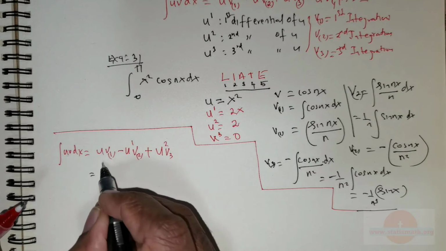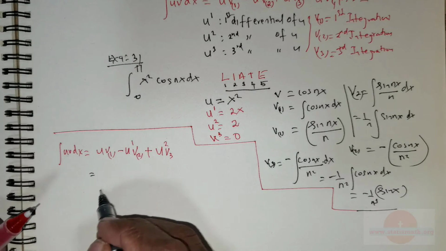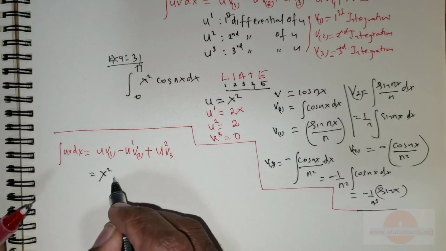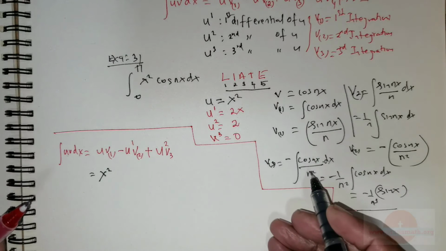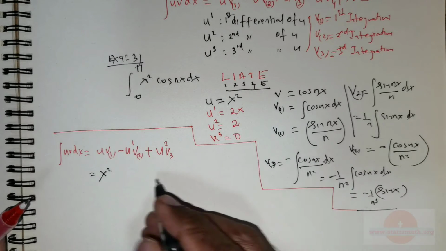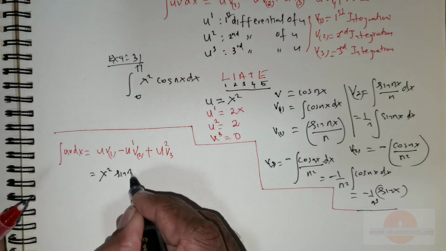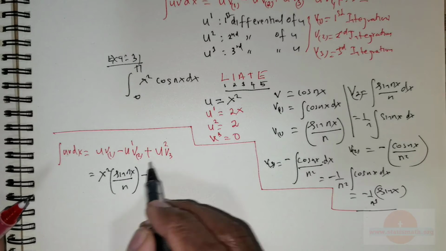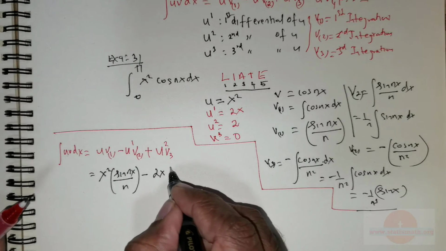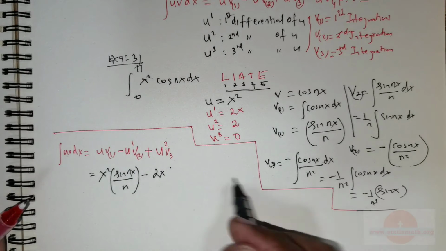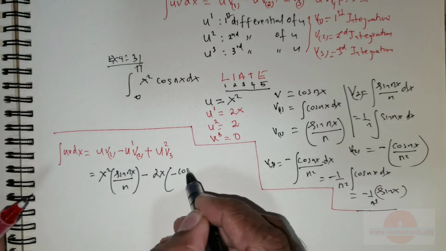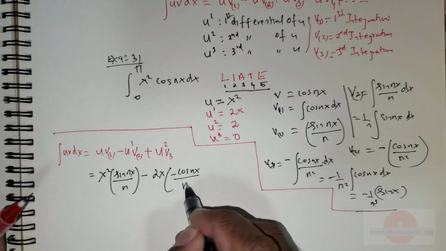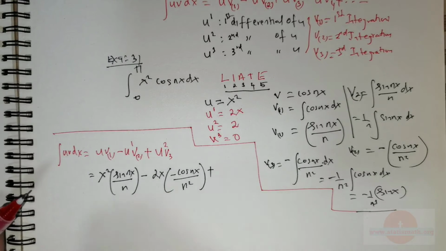Substitute the value of u. So my u is x squared. My v1 is sine nx divided by n, negative. My u1 is 2x. My v2 is negative cos nx divided by n squared, positive.